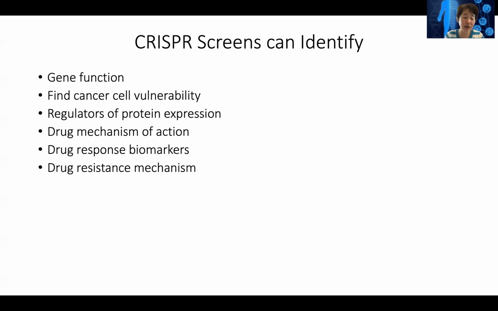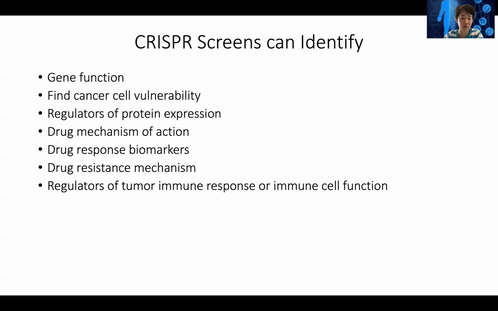You can see drug resistance mechanisms, right? In this case, we see that if you knock out CDK6, or if you have a CDK4/6 inhibitor, it will synergize with the drug treatment. But then other genes, when you knock out, will make the cell resistant to the drug.